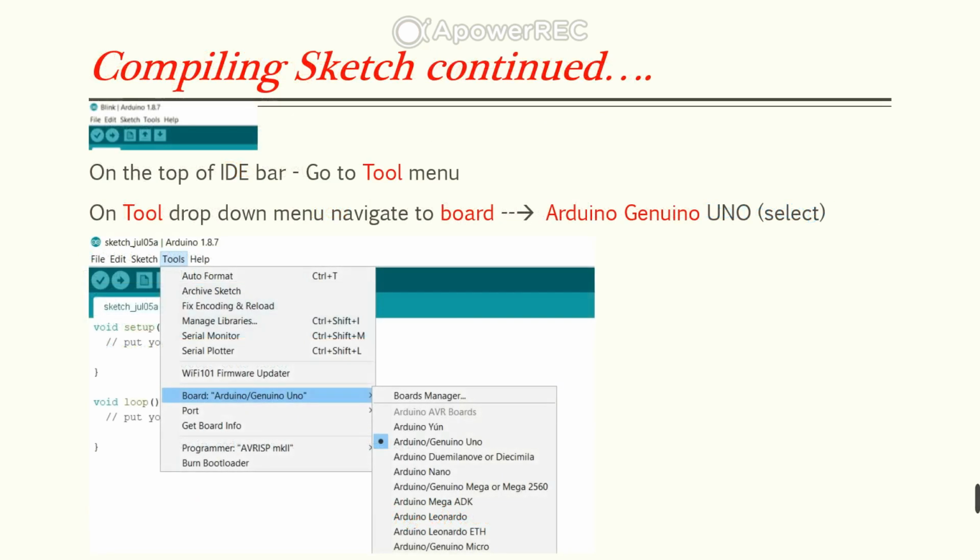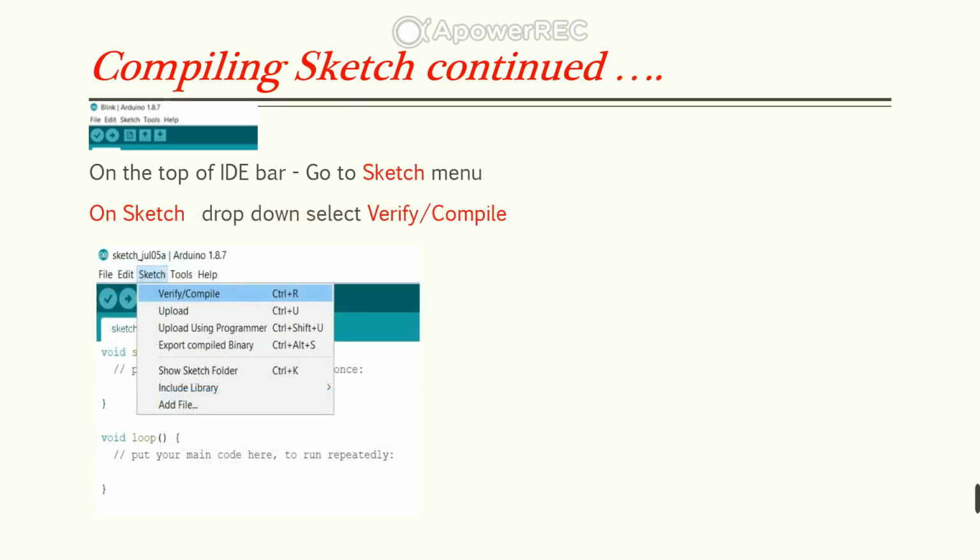Now we'll go for the compiling section. For compiling, again you have to go to the Tools menu, and in Tools you come to Board, and in Board select Arduino Uno. So basically you have configured the board type as an Uno board. Then after selecting the board, you go back to the sketch, and select Verify/Compile.